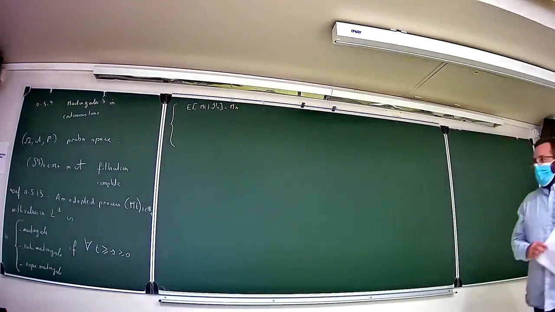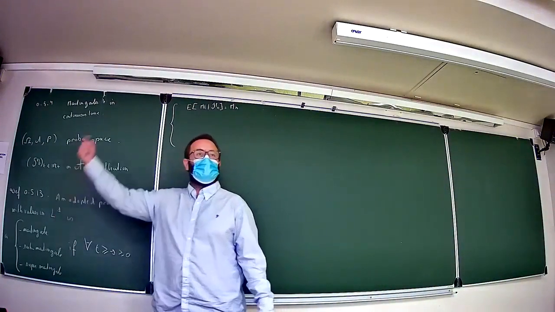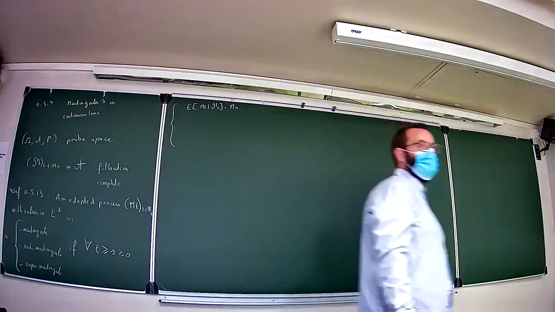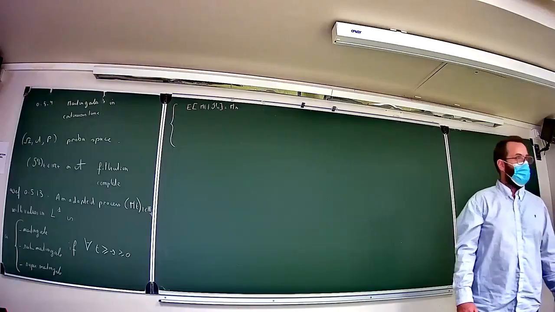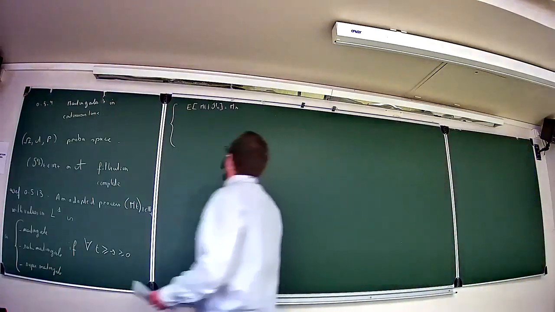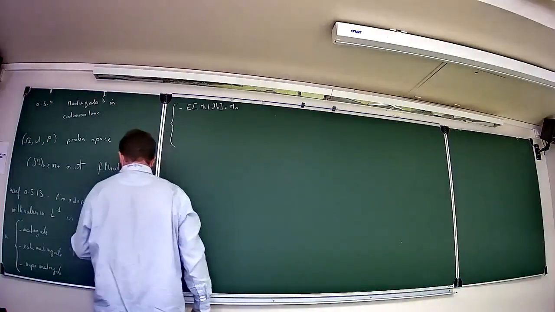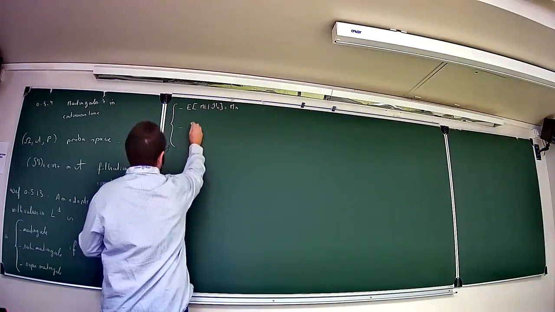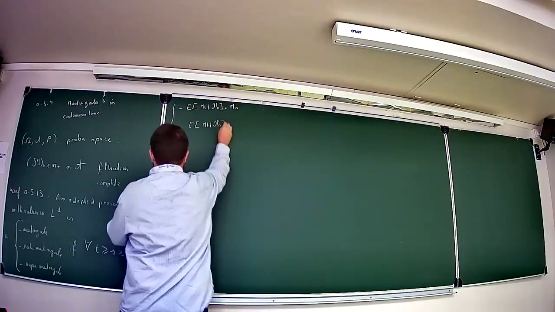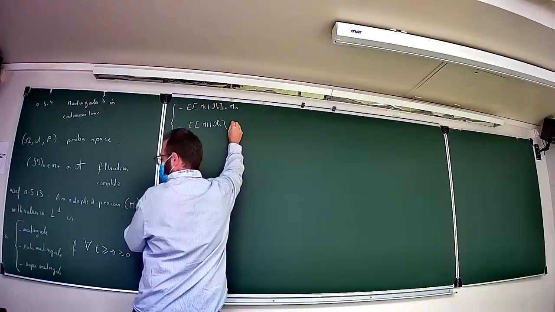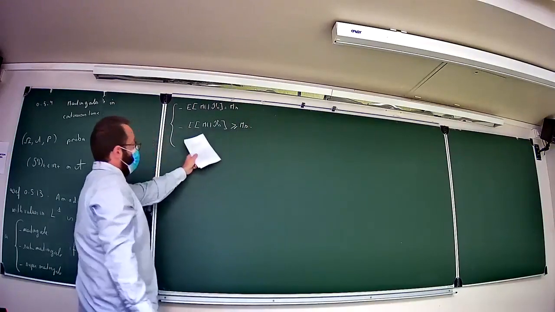And that's why here I suppose my process to be in L1, because I want to be able to consider conditional expectation, which was defined for random variables in L1. So the conditional expectation of Mt given Fs is equal to Ms. Sub-martingale: the conditional expectation of Mt given Fs is greater than Ms, so Ms is less than this conditional expectation.